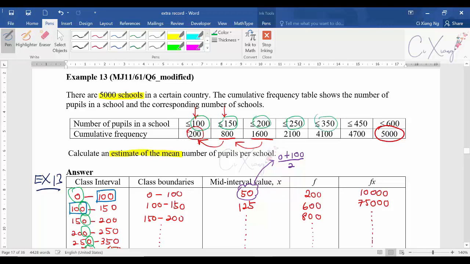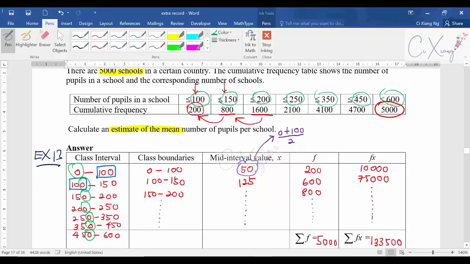So everything starts from 0 for this example. All the values start from 0 for the class interval, and it makes the whole table need no adjustment to become class boundary.